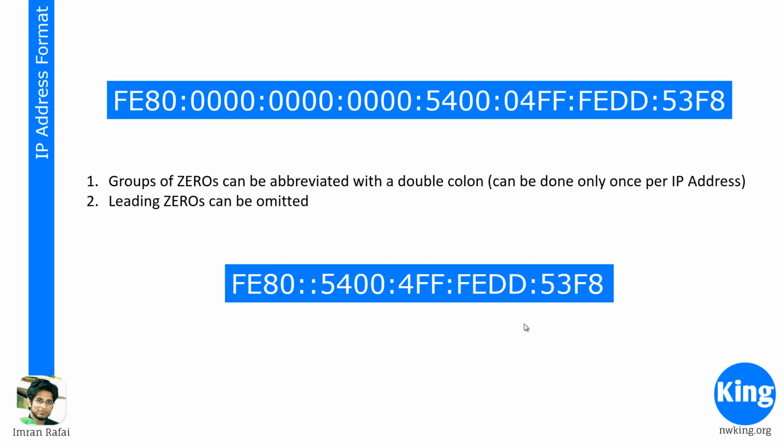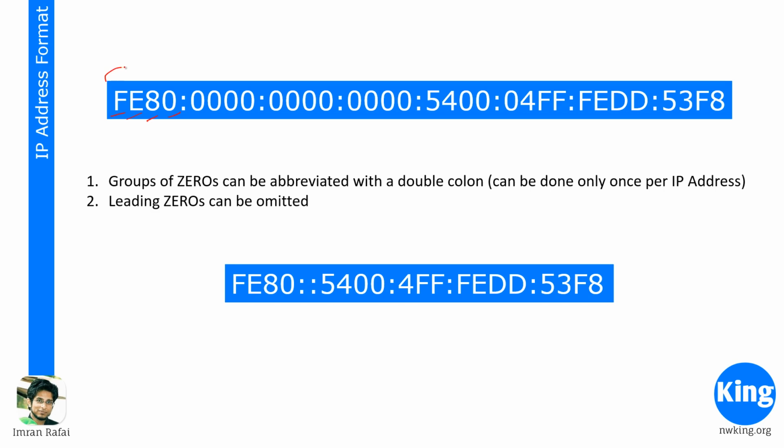Now, what is the IPv6 format? It's a 128-bit IP address, and it is denoted by hexadecimal digits. Each of these letters or digits is 4 bits long, right?